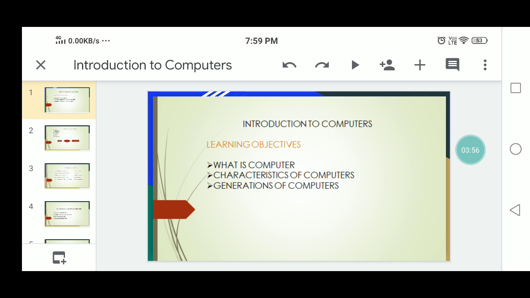Data refers to raw facts, such as figures and pictures. Information implies the processed data. Process refers to calculations and comparisons. Output refers to the processed data.